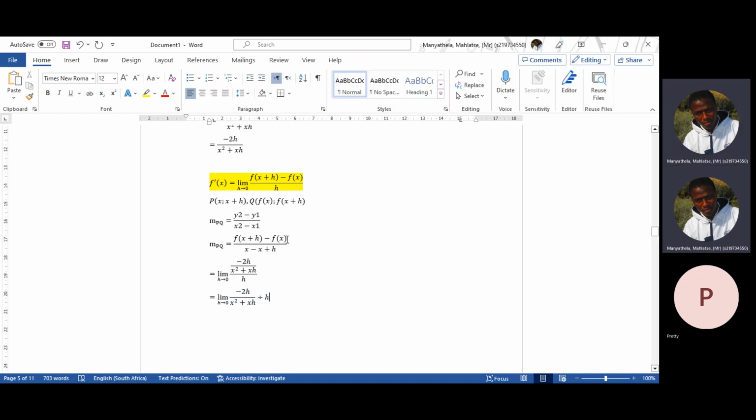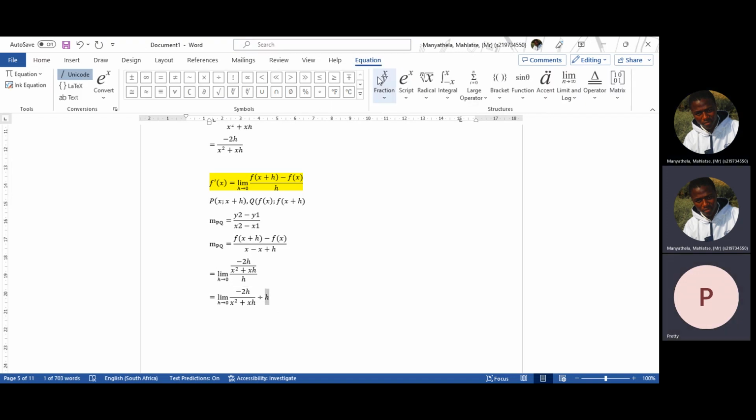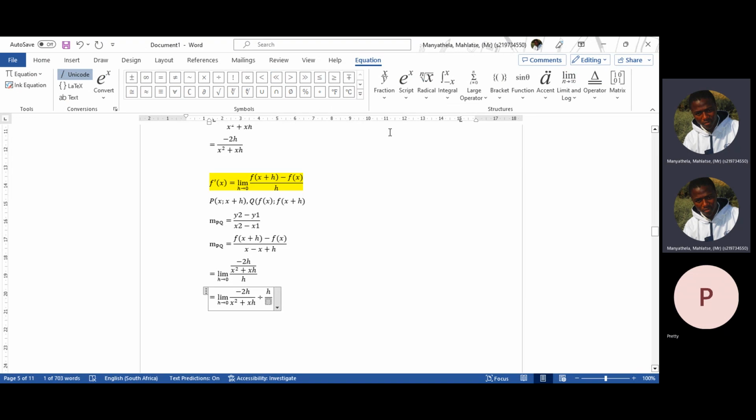So the next step that we're going to do, this h we can divide it by 1. It doesn't make any difference. Okay. We can divide it by 1. So on the next step, we're going to change from division to multiplication.